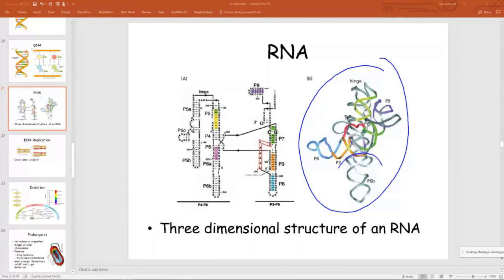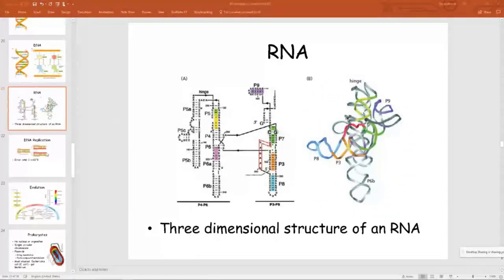Okay. So this right here sort of looks like a double helix, like you would see in a DNA molecule, but it's a single chain that falls back onto itself because there are complementary letters that form hydrogen bonds. Make sense? Okay.